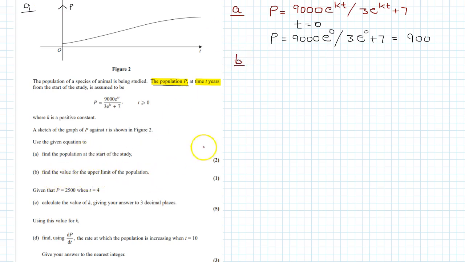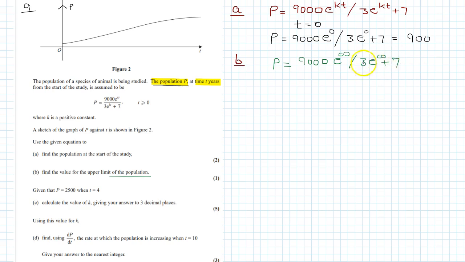Part B. Find the value of the upper limit of the population. So for the upper limit, this P will be 9000 e to the power infinity over 3 e to the power infinity plus 7.